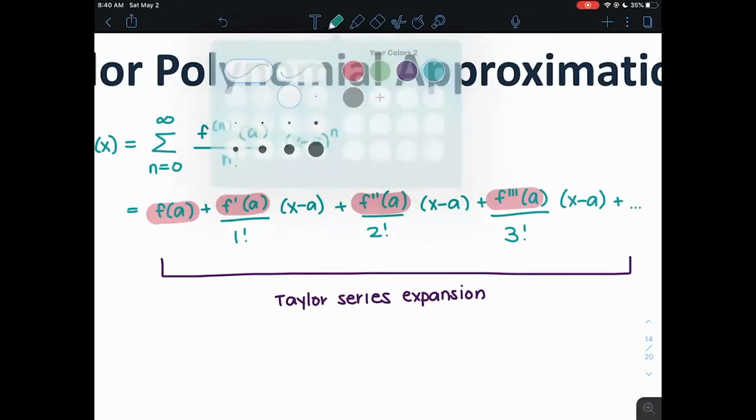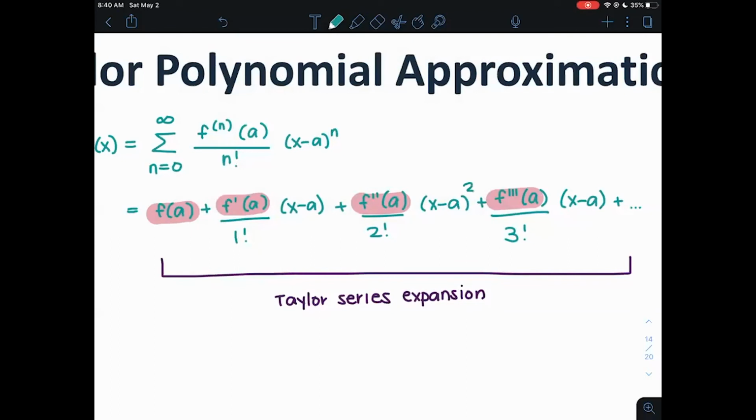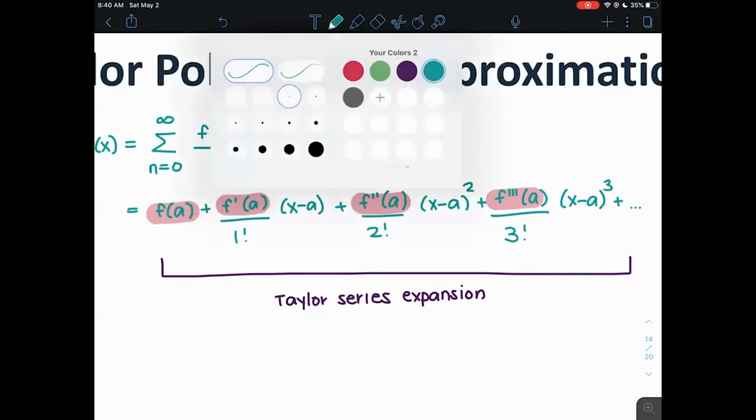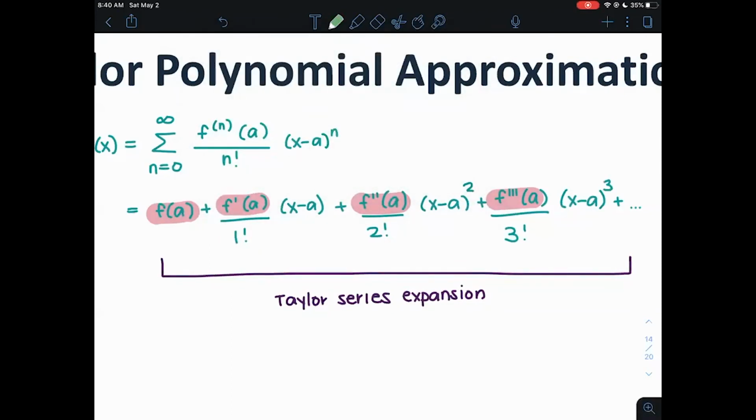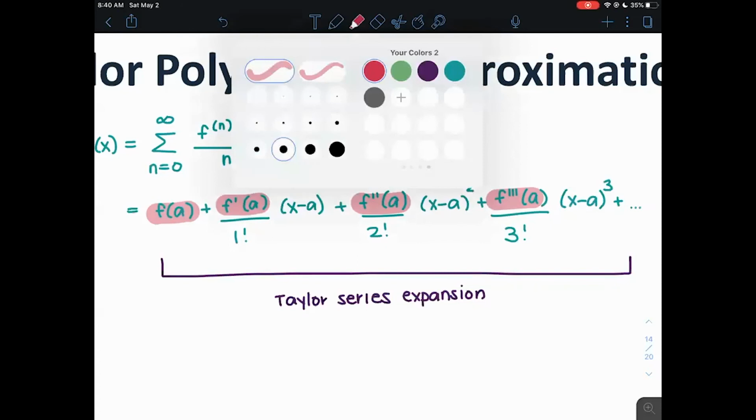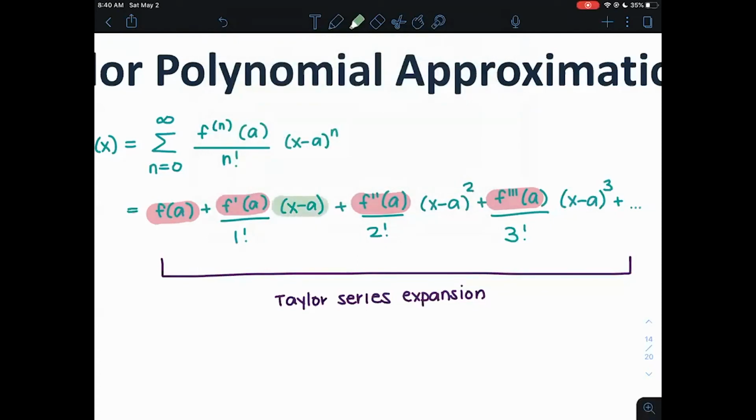Also, let me add things that are actually important here. And then I have this x minus a, x minus the center to the 0 power to start, and then x minus a to the first power, x minus a to the second power, x minus a to the third power, and so on. And then I also have, to start, 0 factorial as my denominator, and then 1 factorial, 2 factorial, 3 factorial, and so on.